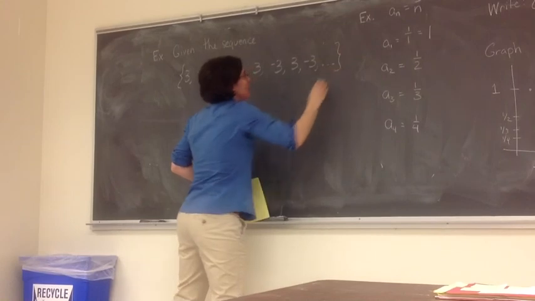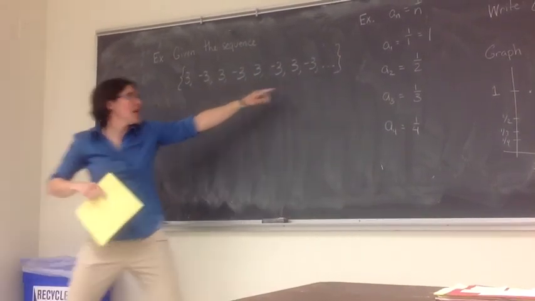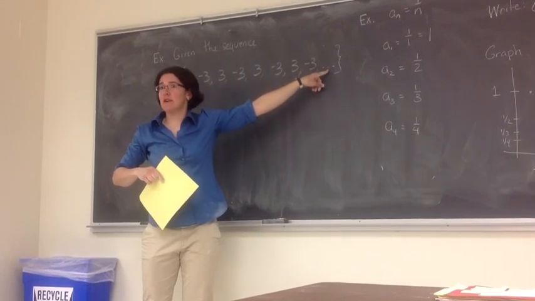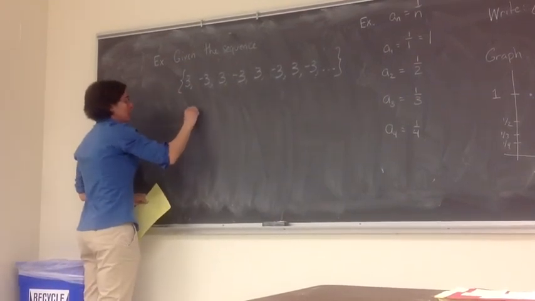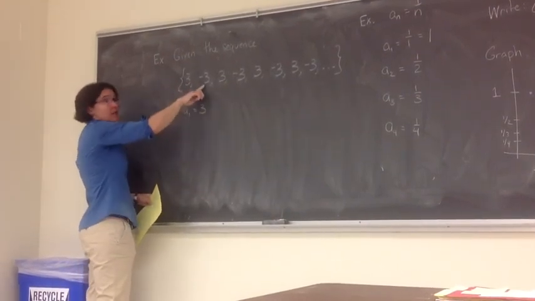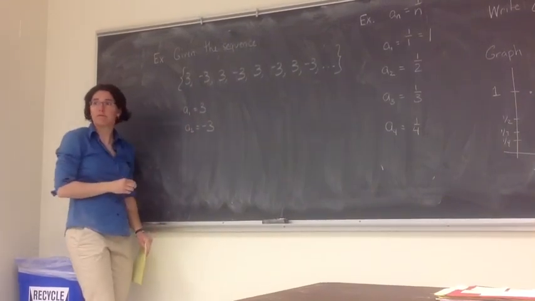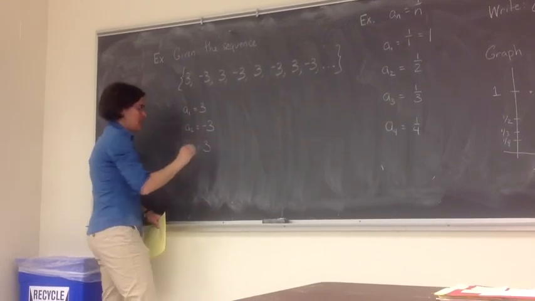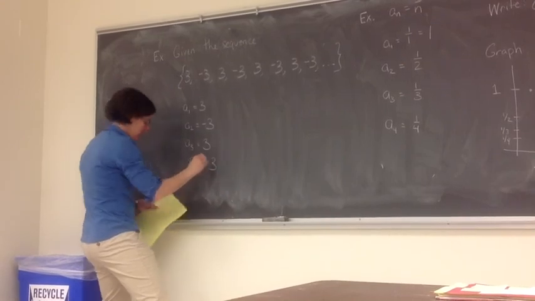And I'm writing this sequence out so that I have my curly braces on the outside. I have three periods at the end, and that says the sequence goes on forever and ever and ever. The first term, A1, is 3. The second term, that's our A2, is negative 3. The third term, A3, is positive 3, and A4 is negative 3.